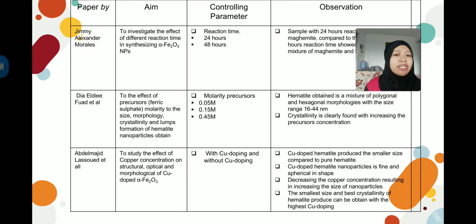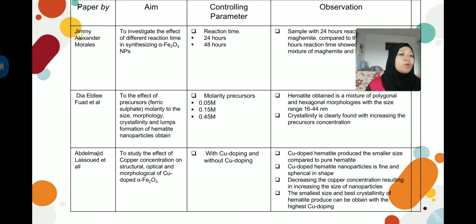Lastly is Abdel Majid Louis. He wanted to study the effect of copper concentration on the structural, optical and morphological properties of copper-doped hematite. So the controlling parameter is hematite with copper doping and without copper doping.